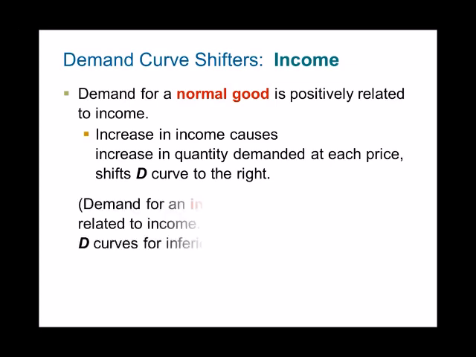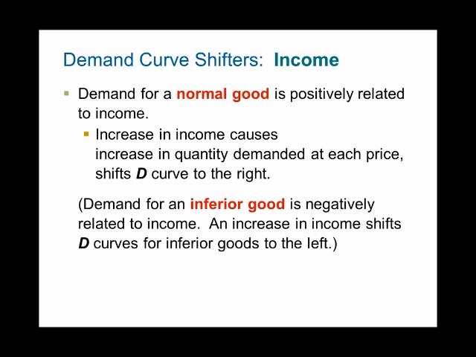On the other hand, there's another kind of product called inferior goods. It's not because they're inferior in quality, but they're called inferior because they're negatively related to income. So if income goes up, less is purchased. Even within a product, we can have normal goods and inferior goods. One example is beer.